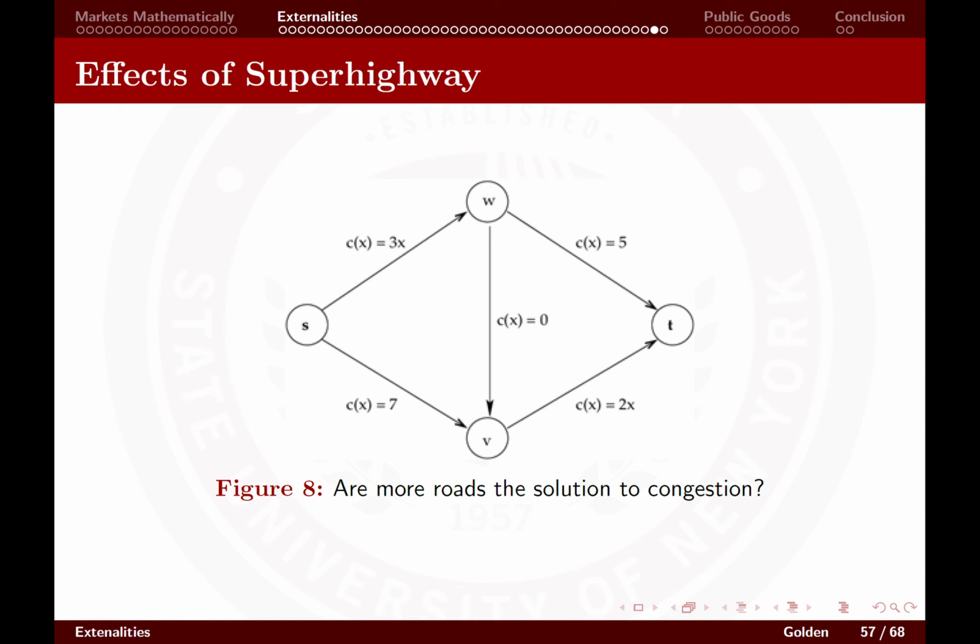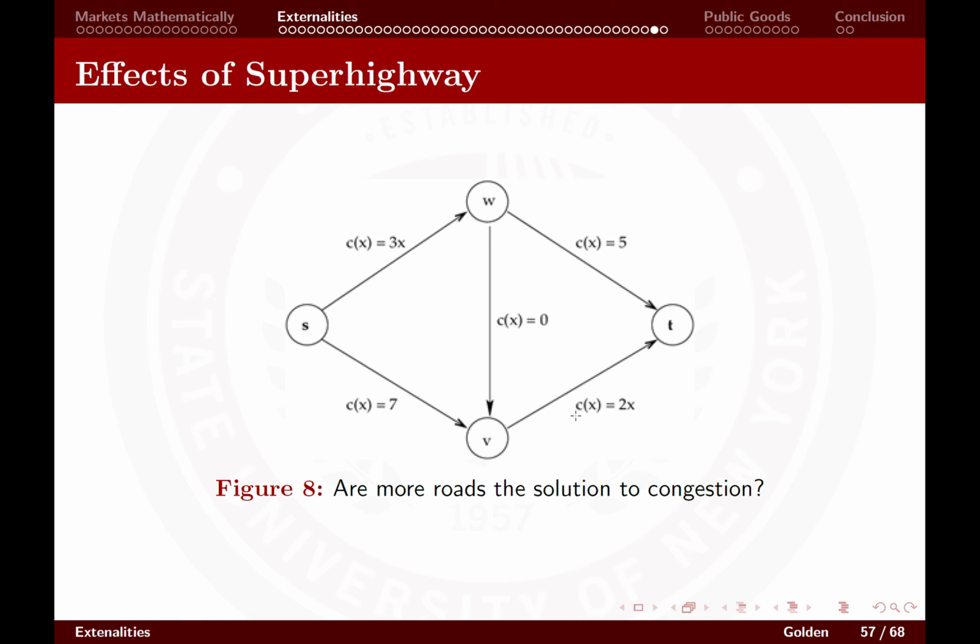So here is another example of a congestion game. Again, in this case, x are proportions. So we have two possible routes. We have 3x plus 5, and we have 7 plus 2x. So in this case, this is actually 3x1 plus 5 equals 7 plus 2x2.